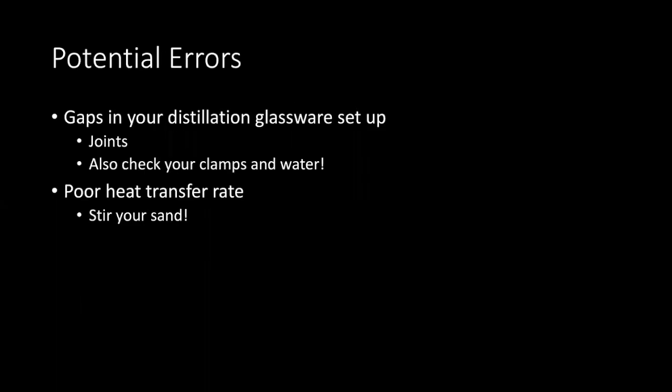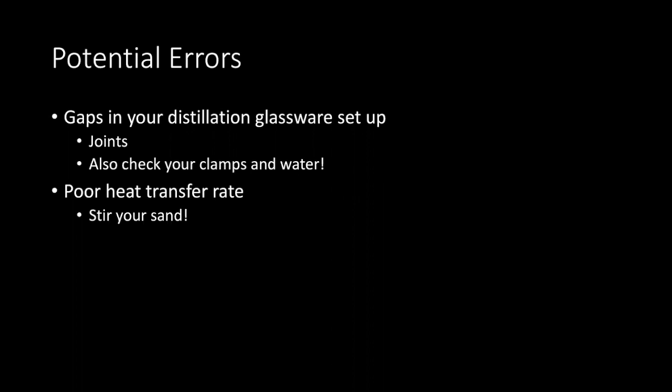In terms of potential errors for this week's lab, one of the major errors that will significantly affect your lab report is gaps in your distillation glassware setup. Traditionally, these gaps are at the joints. We're using glass ground joints, so a lot of times it's hard to tell, especially if you're not used to the glassware, whether your two pieces of glassware are sitting down fully in one another, or if perhaps there's a small, maybe centimeter gap.